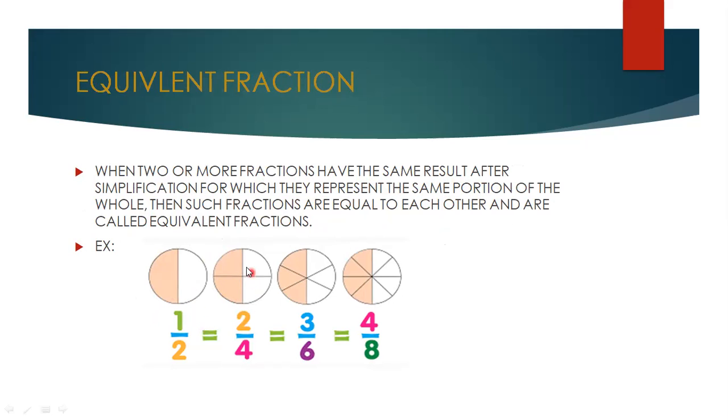Here you can see two parts are shaded, and the total is 4, so 2 by 4. Now 3 by 6, 4 by 8. If you simplify 2 by 4, 3 by 6, 4 by 8, see here 2 ones are 2, 2 twos are 4, 3 ones are 3, 3 twos are 6, 4 ones are 4, 4 twos are 8. Here you will get 1 by 2 again. So these are called equivalent fractions.